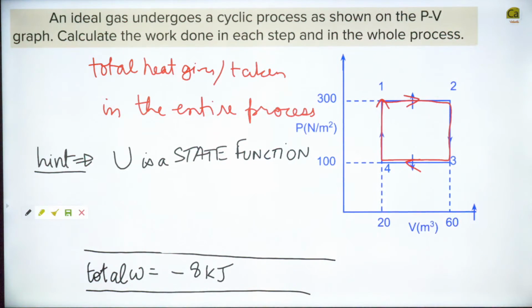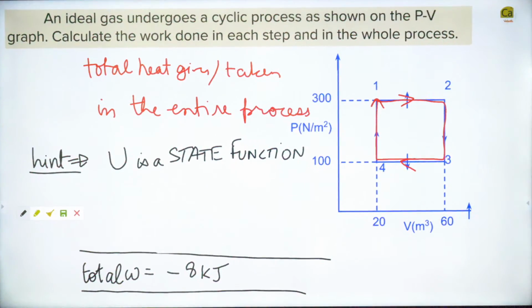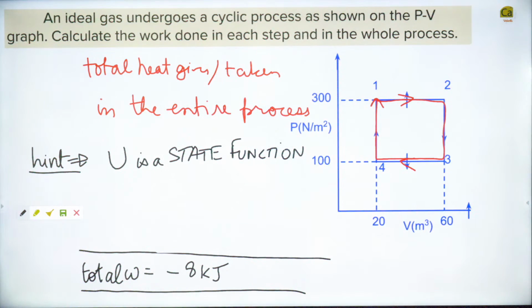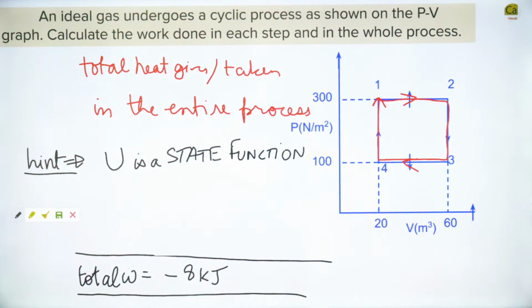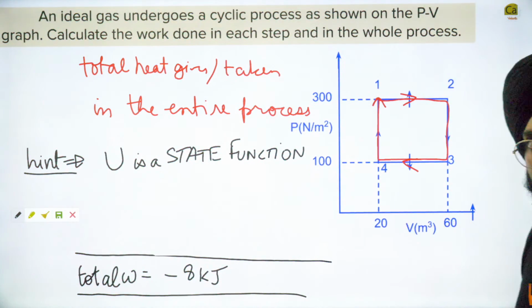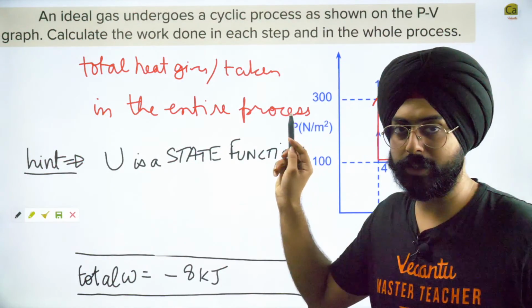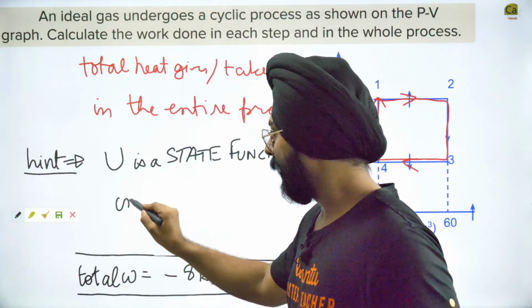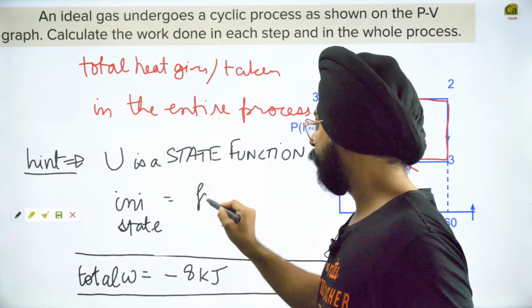So what's the significance of it? Just a second, friends. Do you realize that we are starting from the same state that is the final state? Initial state is equal to final state.